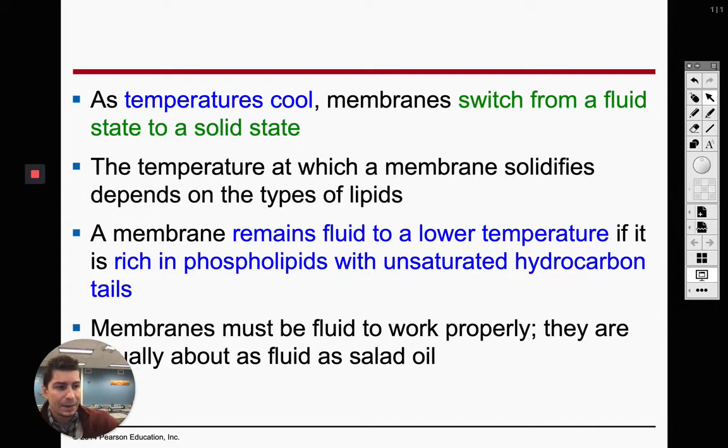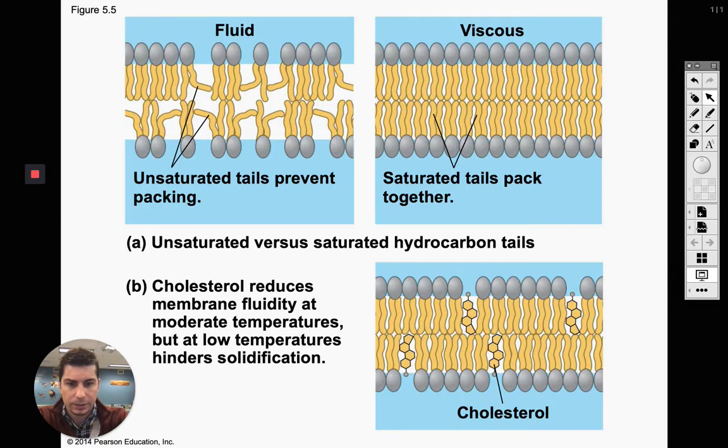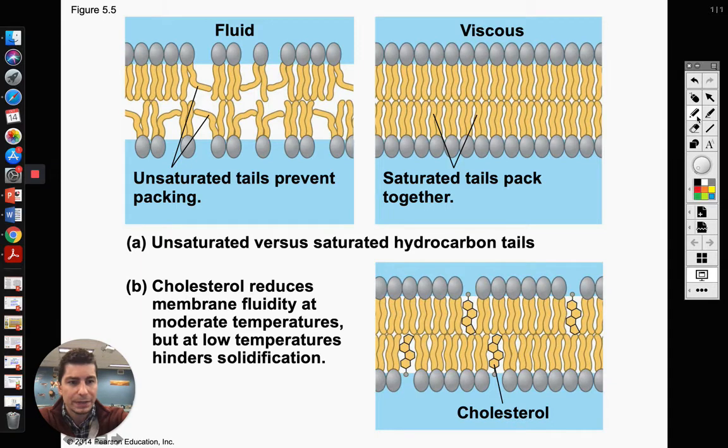So what can happen here? Let me draw a picture. What can happen here is as our membrane turns from a liquid and starts to become solid, our membrane can actually separate right here, okay?